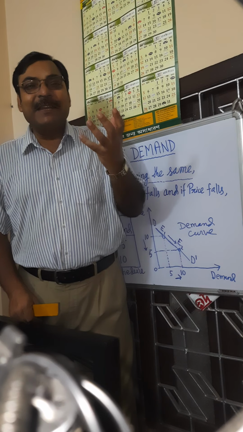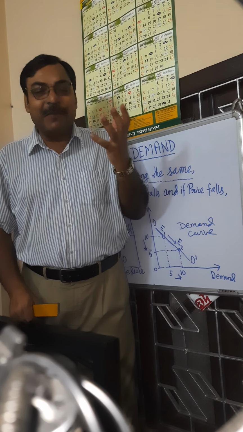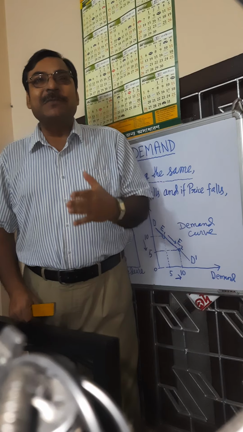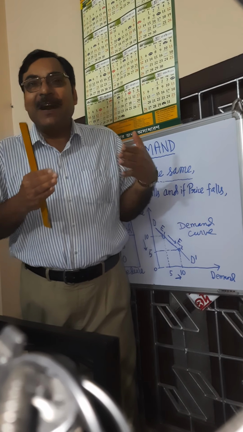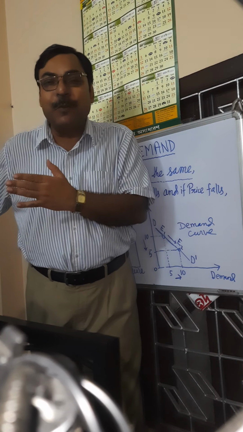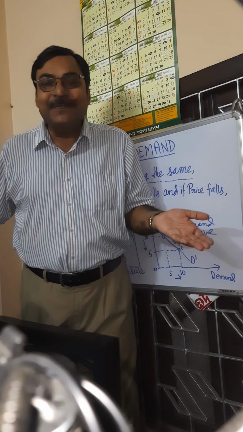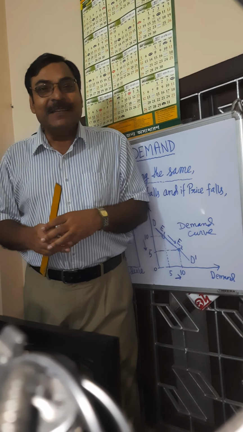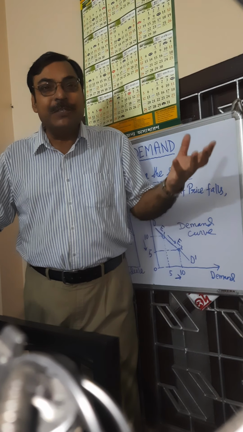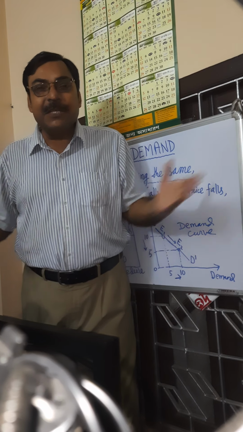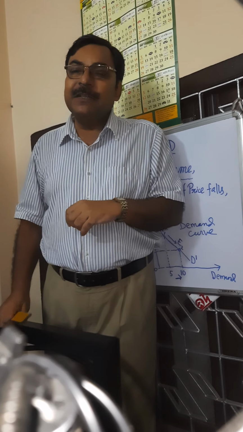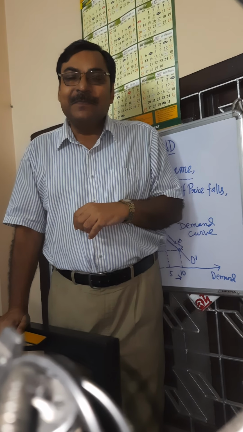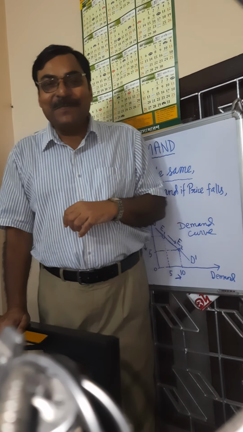Due to the positive income effect, the consumer is purchasing more. Both forces push the consumer to purchase more when price falls. So price falls, demand rises, and the inverse relationship holds good. This is the background of the inverse relationship. This much today. Thank you all.